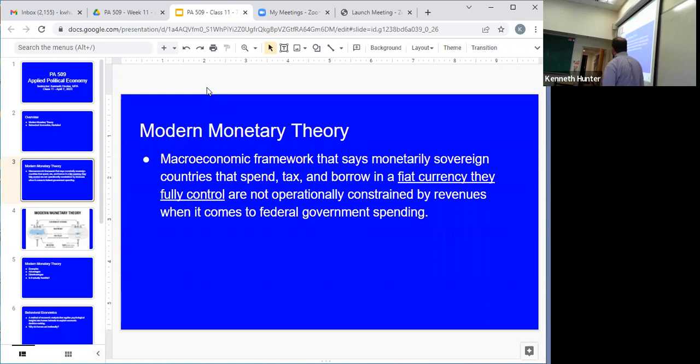She studied this in college, she's the biggest proponent of it, as are several other people in elected office. And it really drives the idea that the ongoing debate that we have about deficits and debt when it comes to government, at least at the federal level, not the state or local, but at the federal level, really doesn't matter all that much.